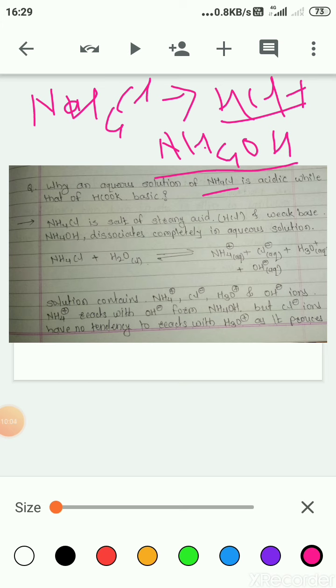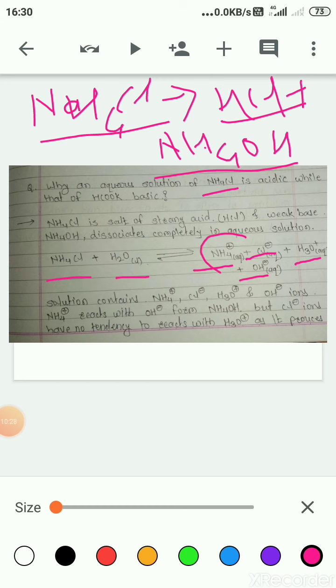So on dissociation of ammonium chloride in water, it produces NH4 plus, Cl minus, H3O plus, that is, H plus ion written in the form of hydronium ion, and OH minus ion.